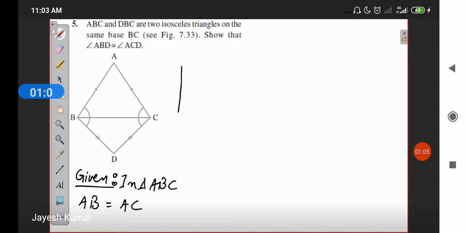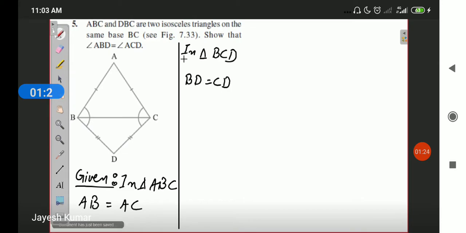In the same manner, in triangle BCD, in this lower triangle, you have BD and CD as equal. Okay.